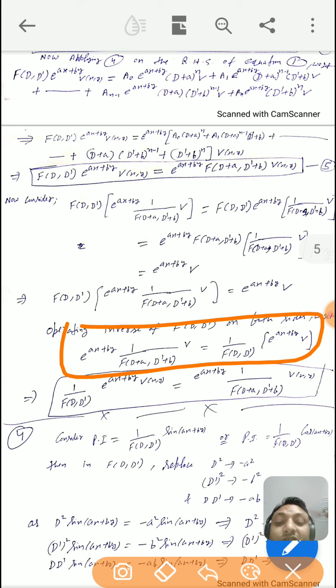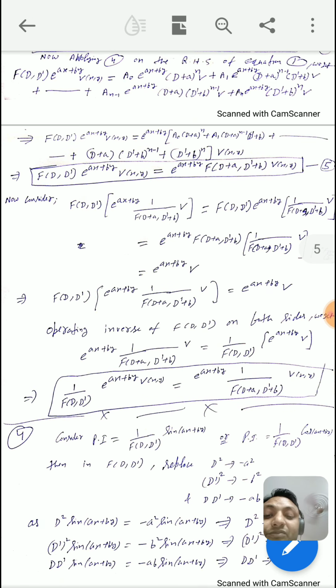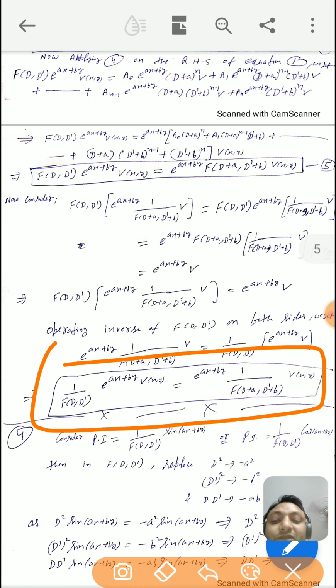Then write the left hand side on the right and the right hand side on the left, and we will get the final result: 1 upon f of D, D dash when operating on e power ax plus by into b x y, and taking e power ax plus by outside of the operator, D will be replaced by D plus a and D dash will be replaced by D dash plus b.